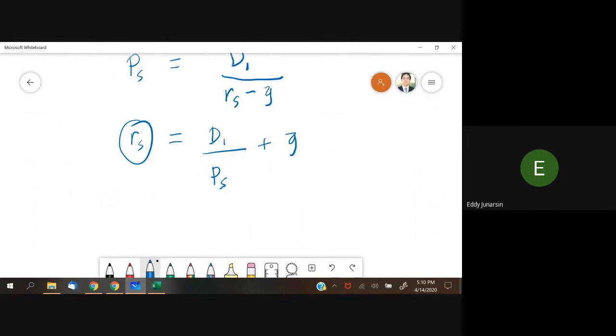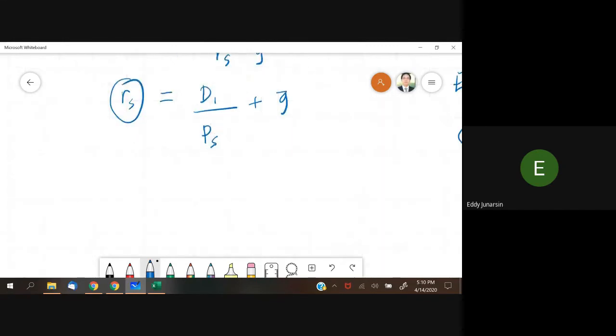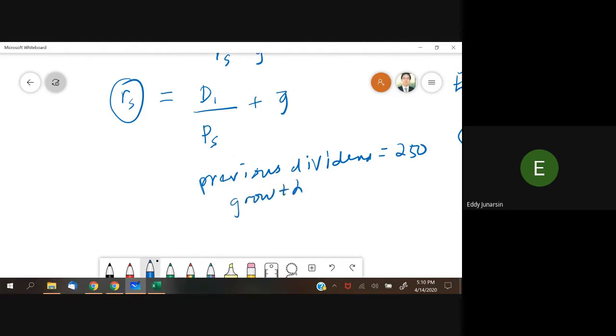Okay, so you can see an example, maybe a situation where the previous dividend is 250 a piece, and the growth rate, constant growth, is expected to be constant forever at, whatever, maybe 5%.